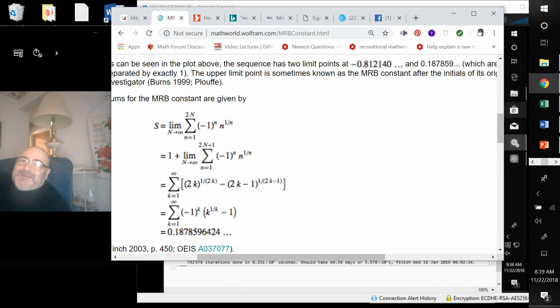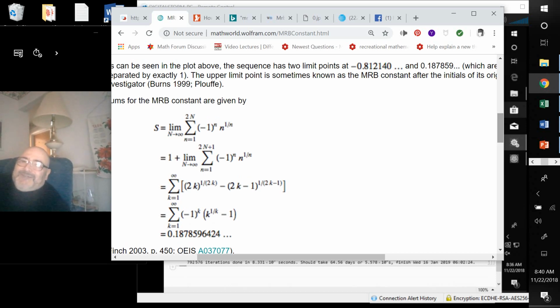If you sum those up from 1 to infinity, you get a not absolutely convergent, but convergent, series. You get convergence to the MRB constant, 0.1878596424, etc., etc.